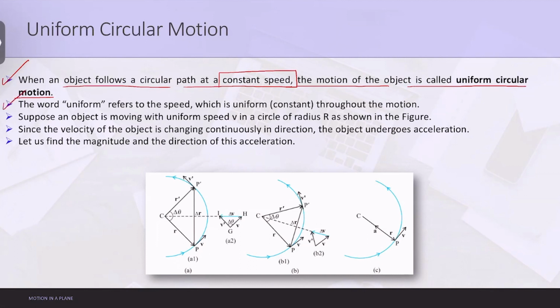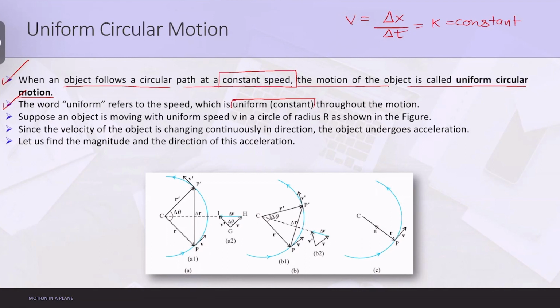That being said, the word uniform refers to the speed which is uniform or constant throughout the motion. So what is basically velocity? We know it is delta x by delta t. If it is constant, that means delta x is some multiple of delta t.